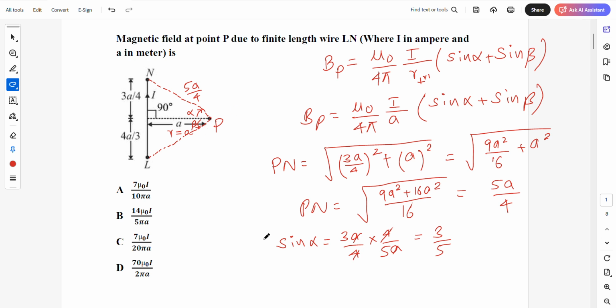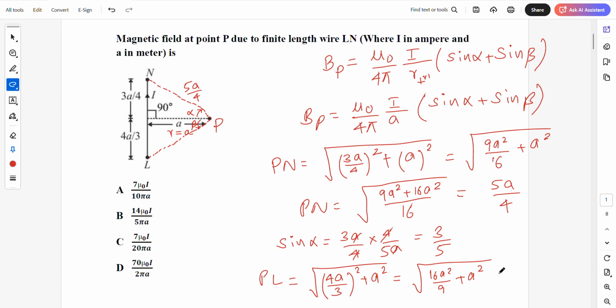How to calculate PL? PL is equal to square root of 4a by 3 the whole square. This is used by Pythagoras theorem. The square of the hypotenuse is equal to the sum of the squares on the other two sides. 4a by 3 the whole square plus a square. That is equal to, directly I will write, 16a square by 9 plus a square, right?